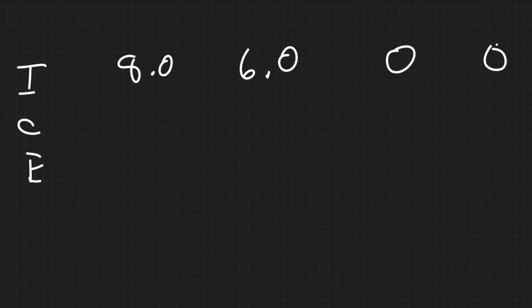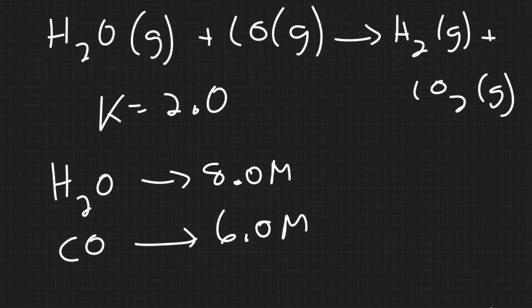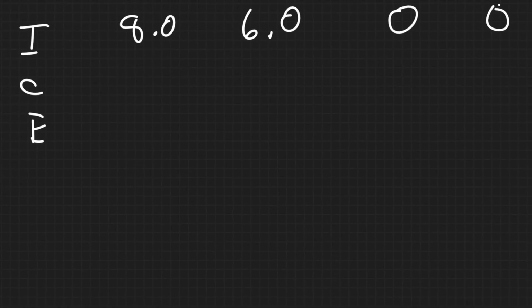Here you're going to be adding or subtracting X. All of these coefficients are 1, 1, 1, 1, so I don't need to worry about having any coefficient in front of my X. We're going to subtract X here and subtract X here, because we're losing reactants so that we can convert them into products.